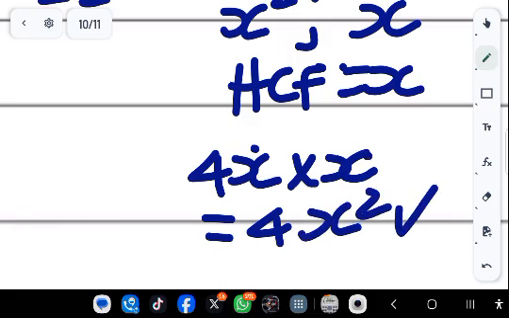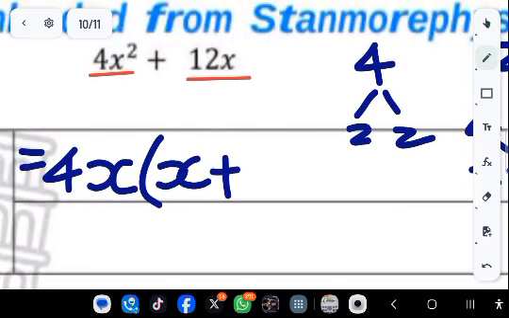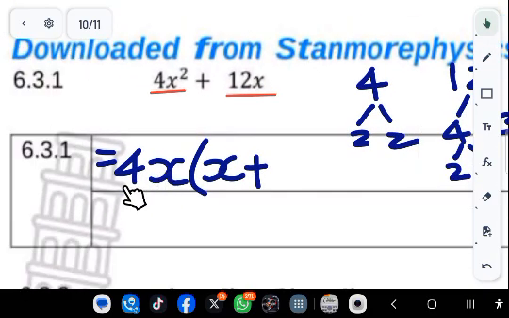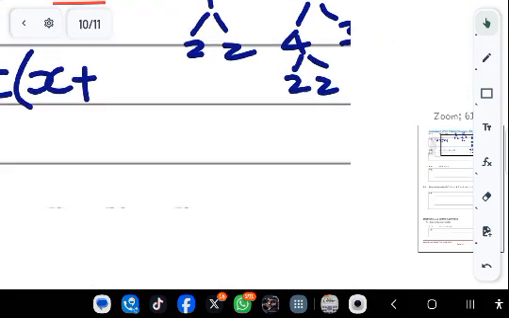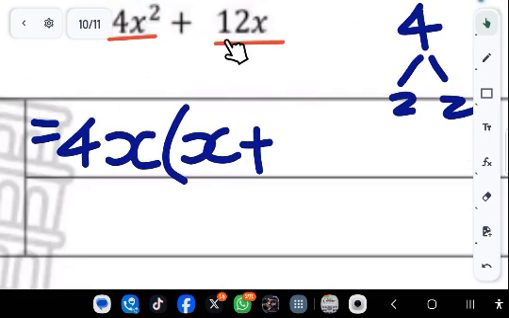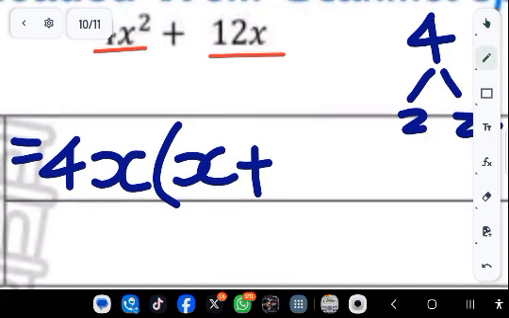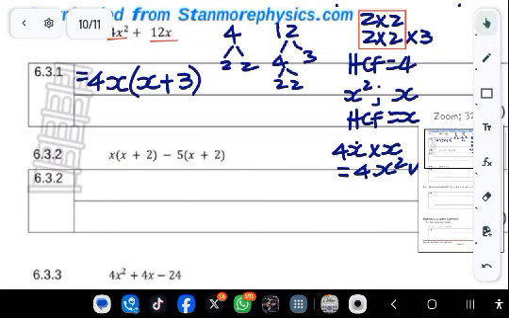So yes, it checks out. Plus, the number that must be multiplied by 4 to get back to 12 is 3, because 12 divided by 4 is 3, and then the x is sorted, so the only thing we put there is 3. Let's check it out.